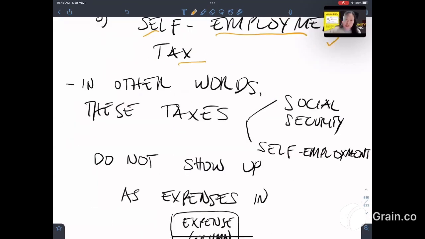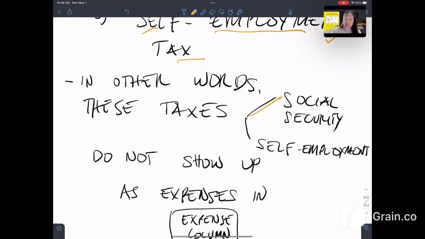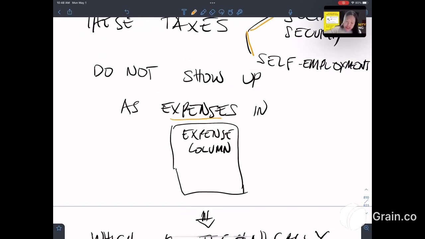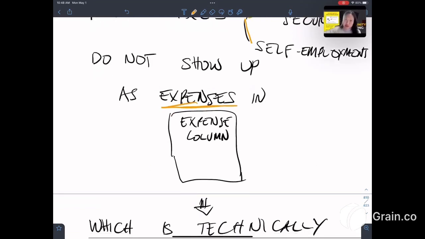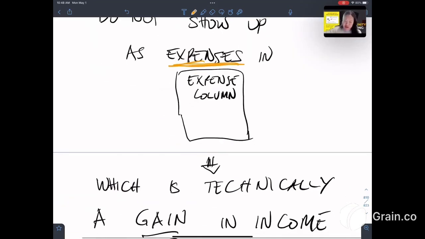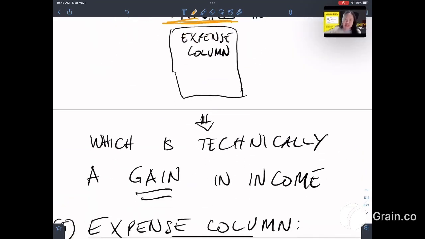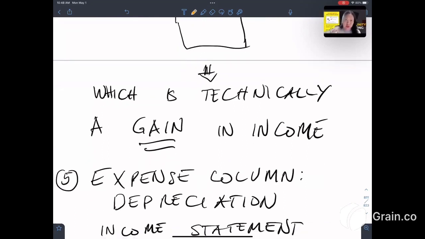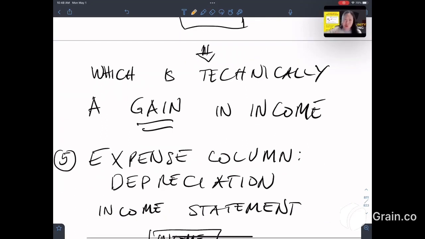In other words, these taxes, Social Security and the self-employment tax, do not show up as an expense in the expense column. That means we have more money in our pocket. When we talk about passive income, which is technically a gain in income, we have more money in our pocket.